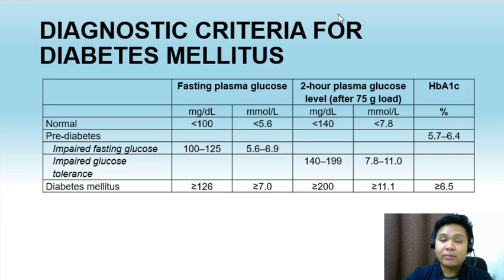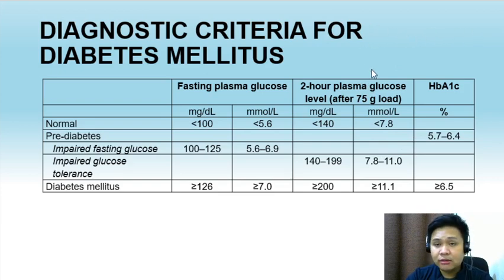The random plasma glucose, or glucose level collected at any time, can also be used to diagnose diabetes mellitus. However, the elevations of the random plasma glucose should be accompanied by the classical signs of diabetes like polyuria, polyphagia, polydipsia. The levels are actually the same as the levels for your 2-hour plasma glucose.